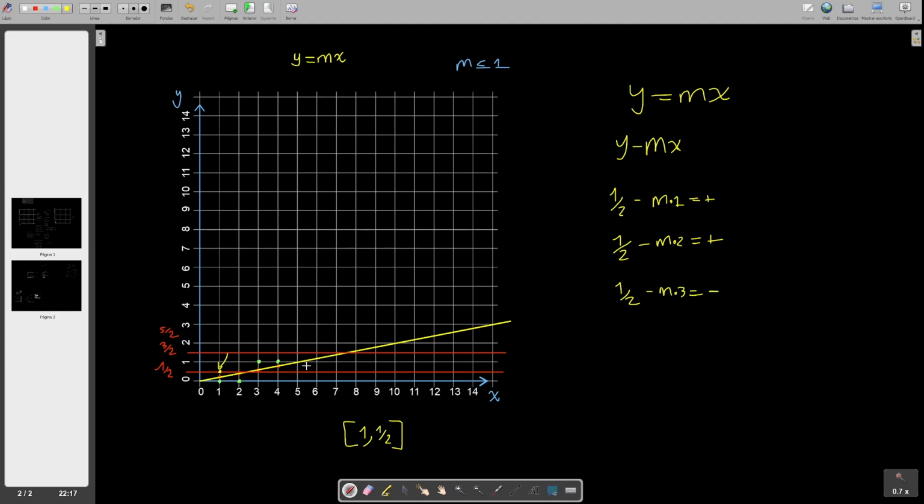In this case, it is negative because this point that I'm evaluating, 3 comma a half, is below our line. So this is going to be negative. So now I'm gonna have to increase y, but also I will start to evaluate in a higher y point, higher by 1. And that means my next evaluation is going to be this one, and in this case positive, and so on.